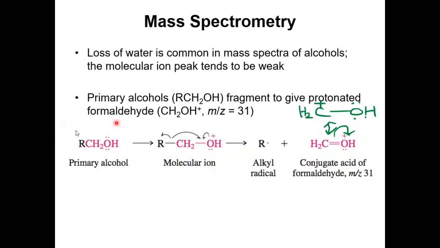If you have a primary alcohol and you want to knock out a single electron from this alcohol, which electron is most likely to be knocked out? If you want to knock out a single electron from a molecule, the most likely electron is the one that occupies the orbital with the highest energy.